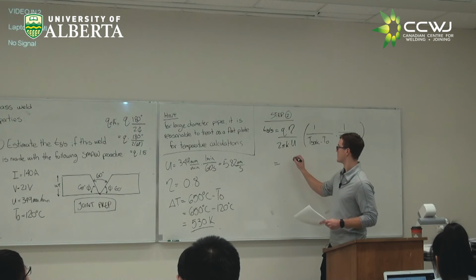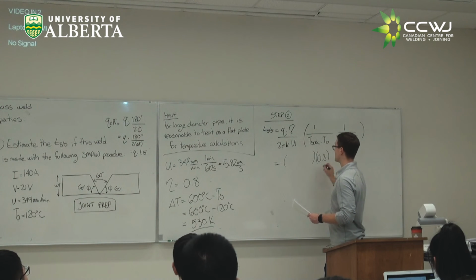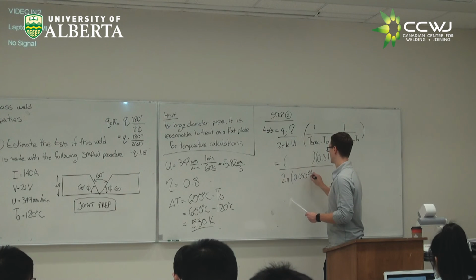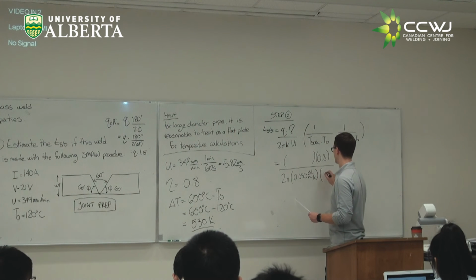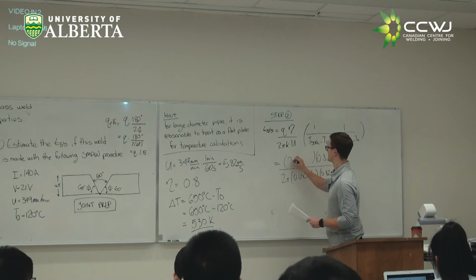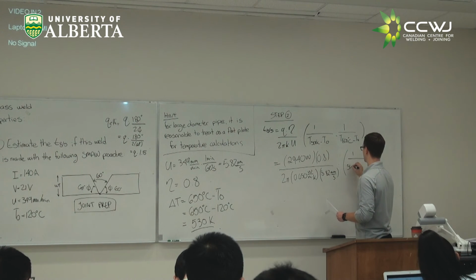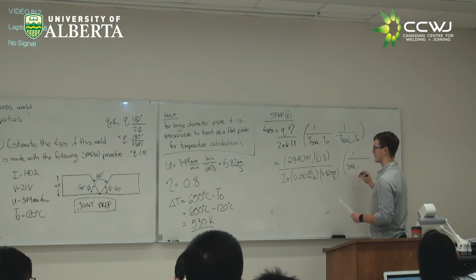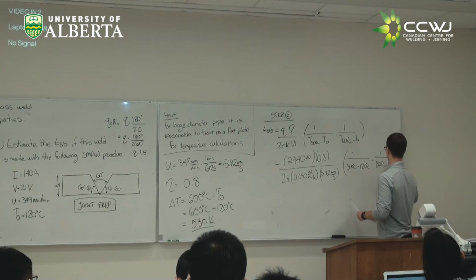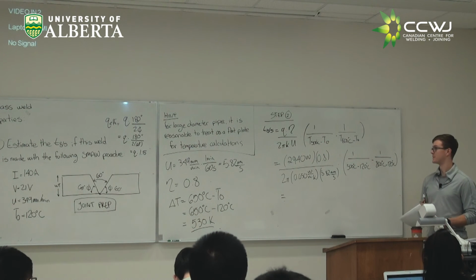So if we plug in numbers here, and I think I erased it, but hopefully someone still has what we had for Q. This was 2940. And hopefully somebody has an answer.